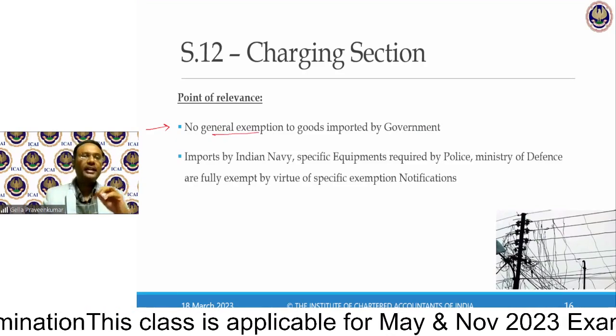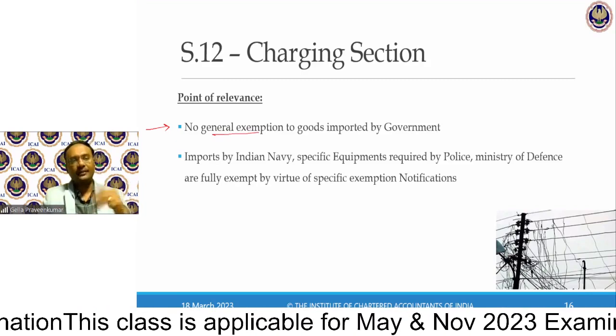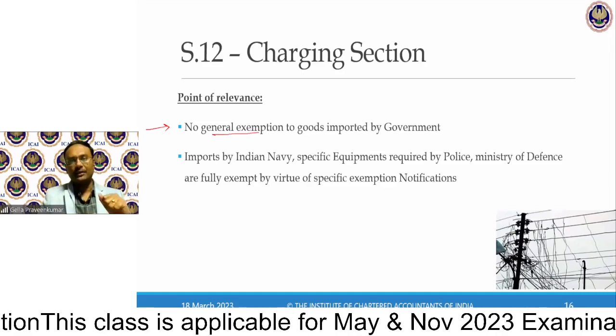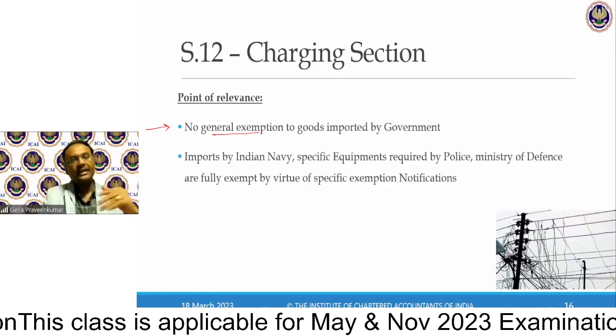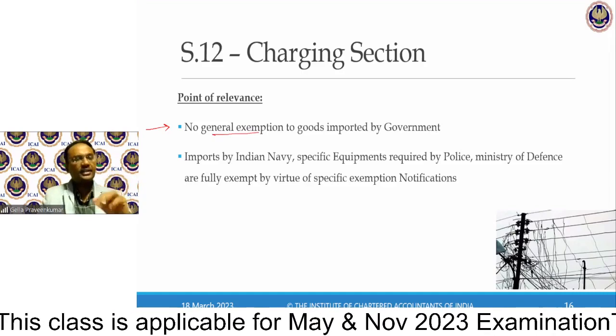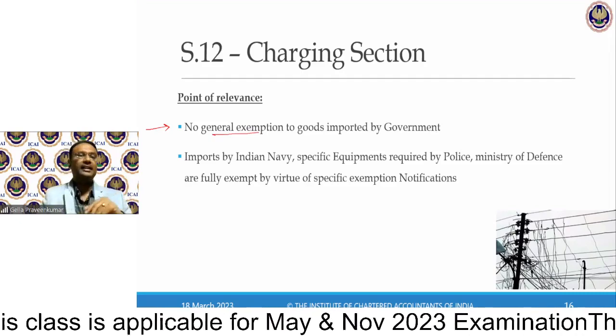And as on today, imports by Navy, specific equipments by police, Ministry of Defense are completely exempt by virtue of an exemption notification. Please keep in mind, in case the Ministry of Finance forgets to extend a particular exemption notification, even Navy, Defense or Police have to pay customs duty.